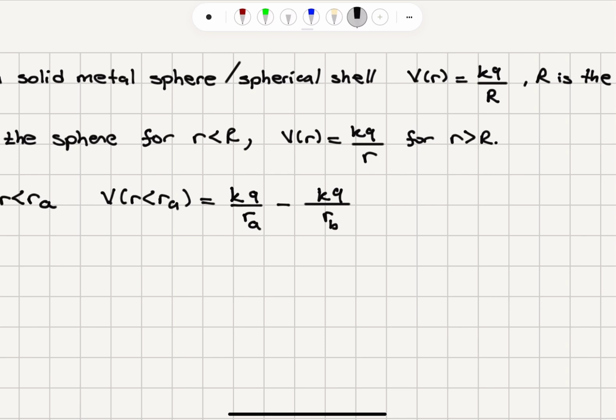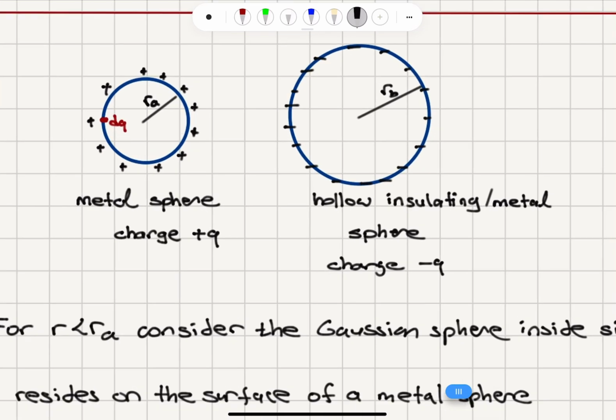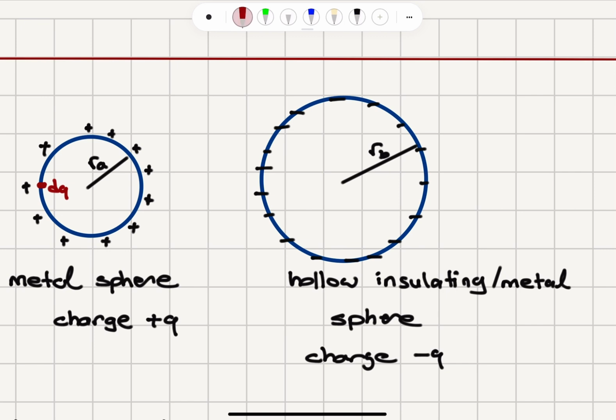I could have basically reached the same conclusion by looking at the potential due to point charges here as well. So if I take another point charge here, at the center, this creates k dq over r sub b. Integrating it over the whole surface, I would get kq over r sub b, but it's a minus sign, so minus kq over r sub b at the center.